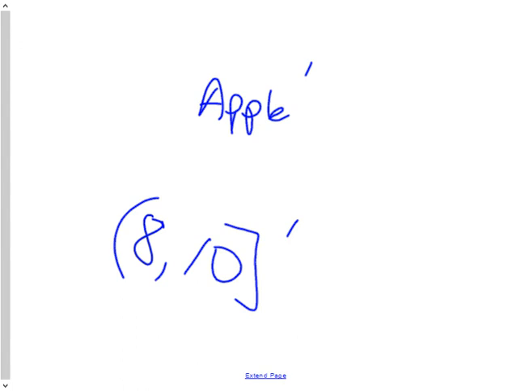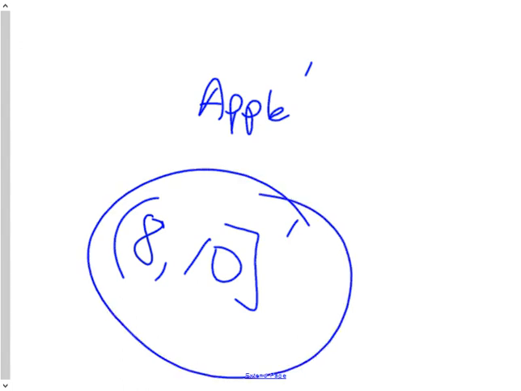Is 10 in the complement to this? We really have to ask ourselves, is 10 in the group in the first place? So then when I do that, the answer is no. Because 10 would have been in this group.